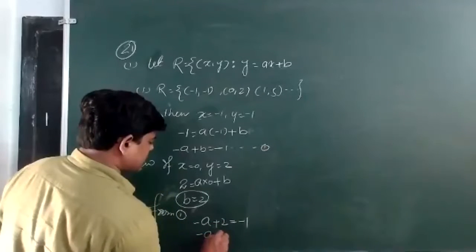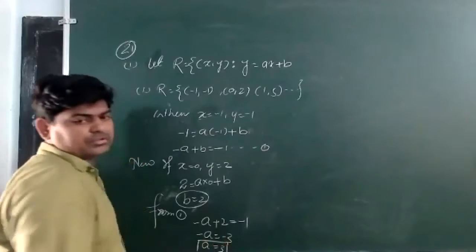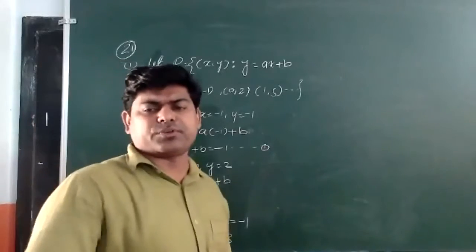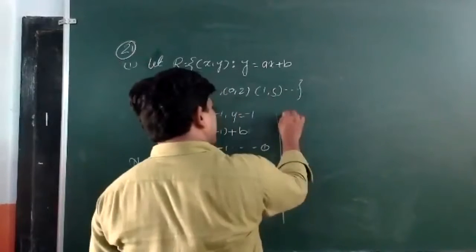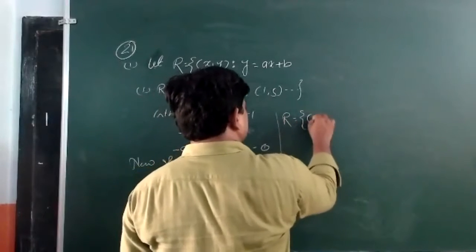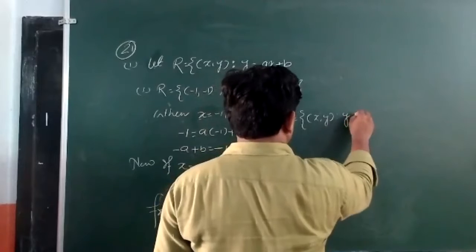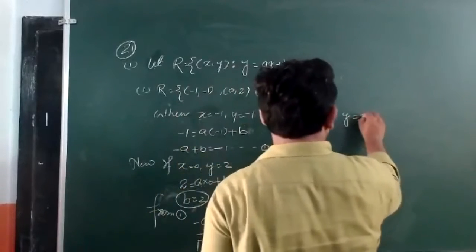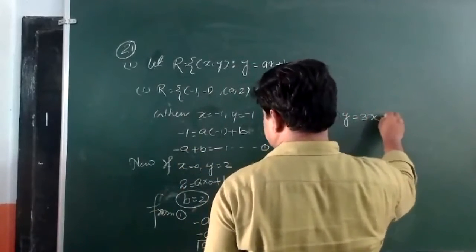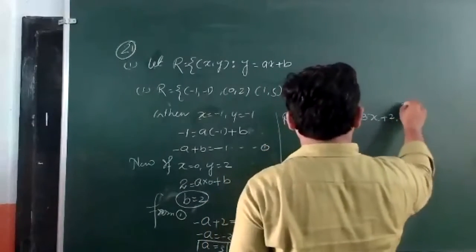So -A is equal to -3. Definitely A is equal to 3. When I get the value of A, I get the value of B. Then R can be written as the set of (x, y) such that y is equal to AX plus B, that is 3x plus 2. Yes, I can.